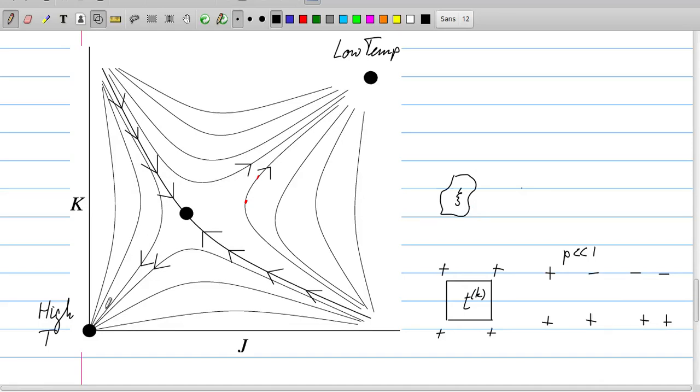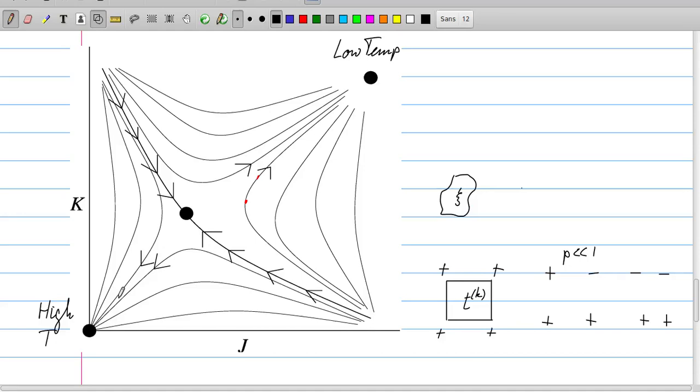If we are at high temperatures, we have domains of a certain size, which can be blue and red. They just alternate. And if we do a renormalization transformation, then measured in the new lattice constant, which is twice as big or L times as big as the original one, we see that the domains shrink. And shrinking domains means that we are going to high temperature, because the situation is going to be more and more chaotic.